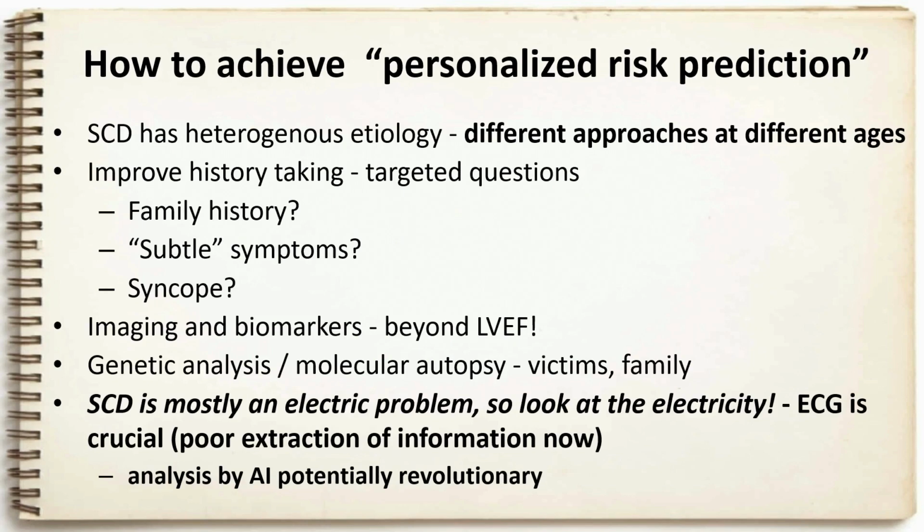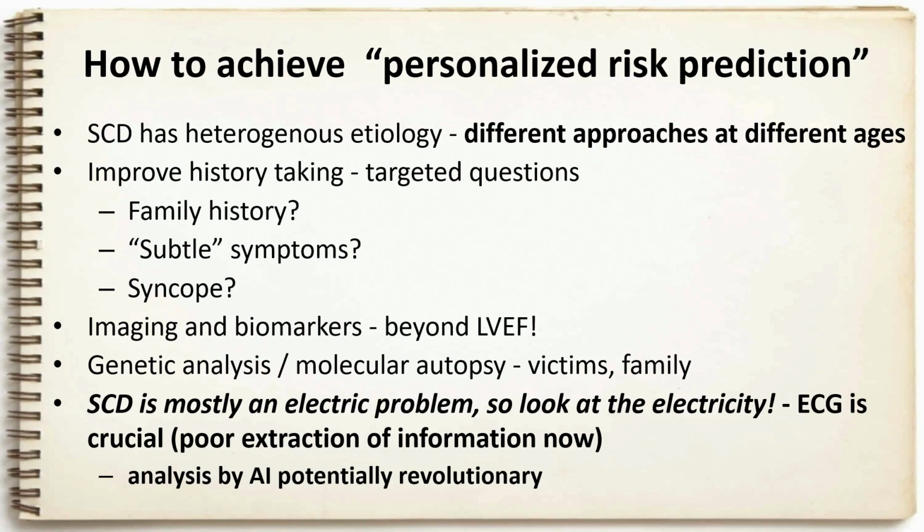So how can we achieve this personalized risk prediction? We also have very simple tools. We have to use different approaches at different ages. We should improve our history taking with targeted questions. As we have seen, we have fantastic possibilities for imaging, but we also have many new biomarkers. We have genetic analysis, molecular autopsies.